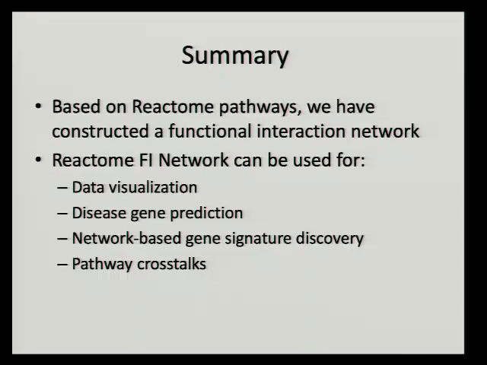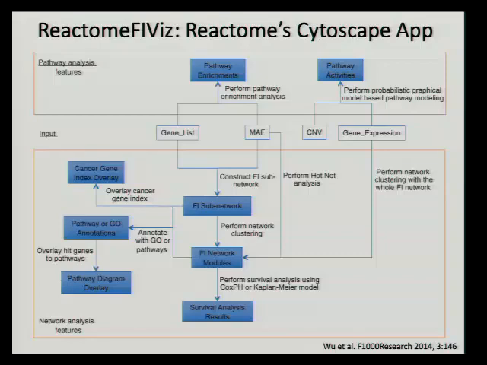So in summary, based on Reactome pathways, we have constructed a functional interaction network. The Reactome functional interaction network can be used for data visualization, disease gene prediction, network-based gene signature discovery, and pathway crosstalk study. Based on Reactome pathways and the ReactomeFI network, we developed an app called ReactomeFIViz for Cytoscape.